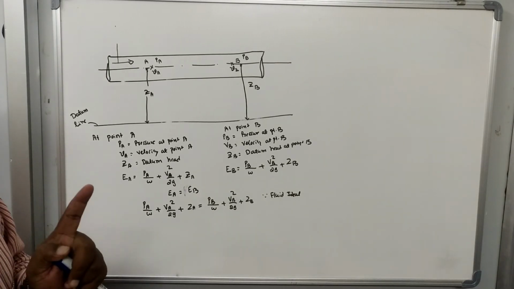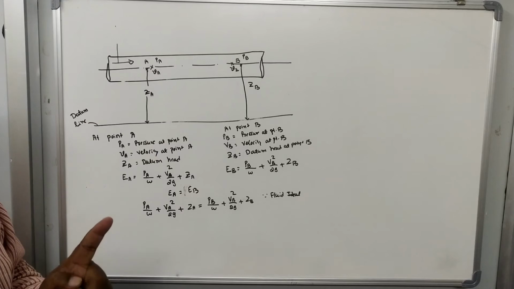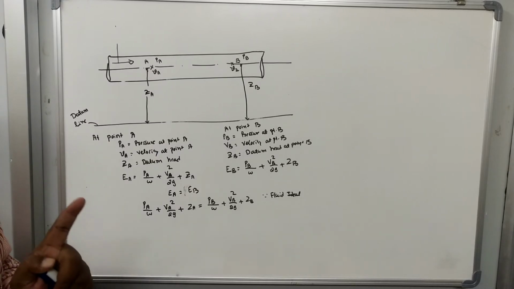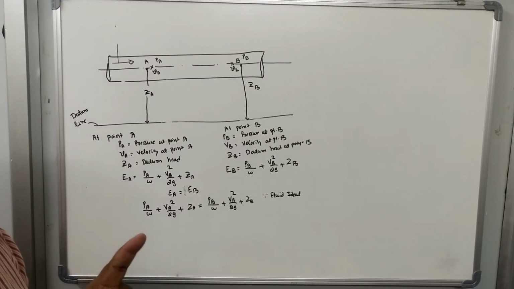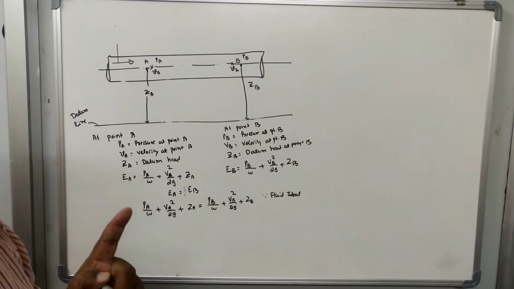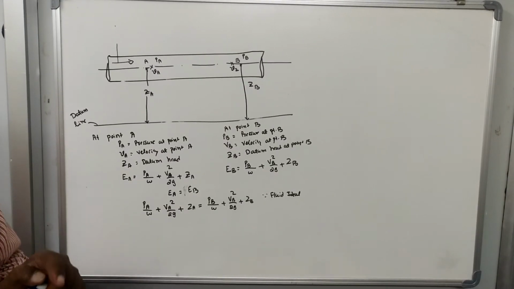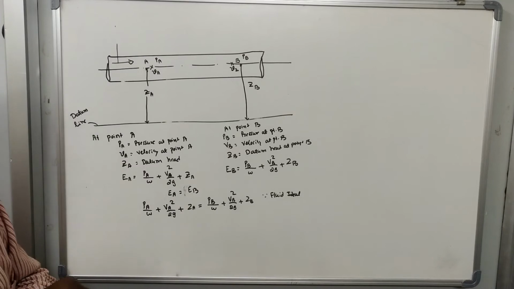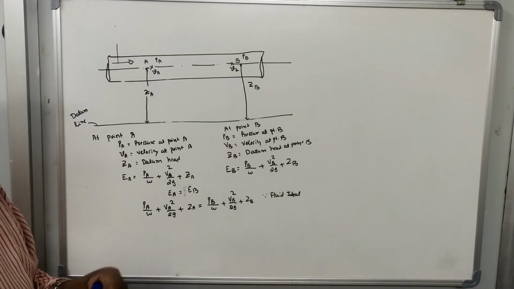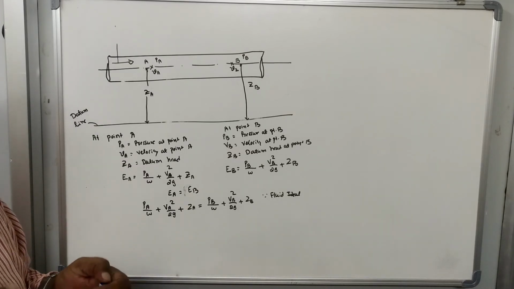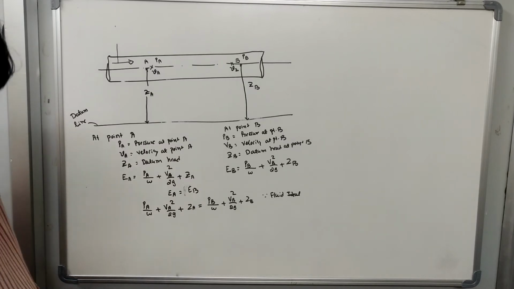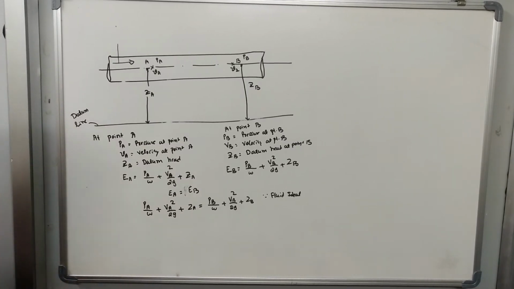All fluids are real fluids. And I told you in the very beginning classes, as we are civil engineers, we are always dealing with water. So water is a real fluid, or a practical fluid. If we consider water a real fluid, then there is a viscosity.